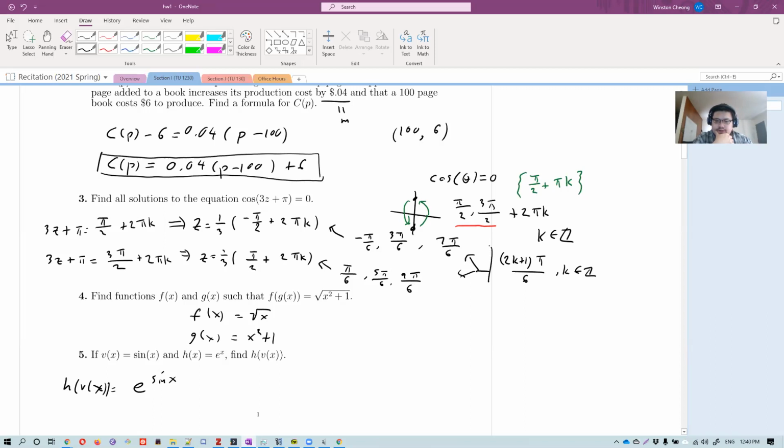So this is the right answer. All right, so this is the full set of solutions to this equation. Does that make sense? Any questions?